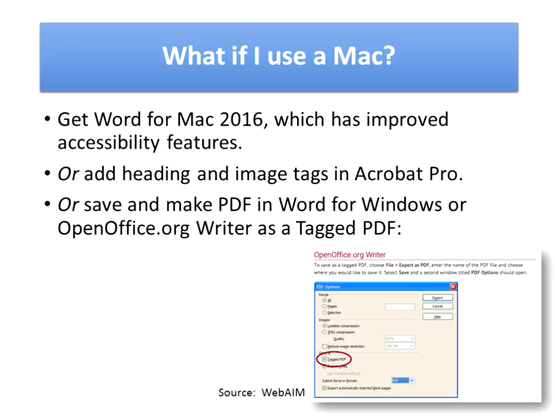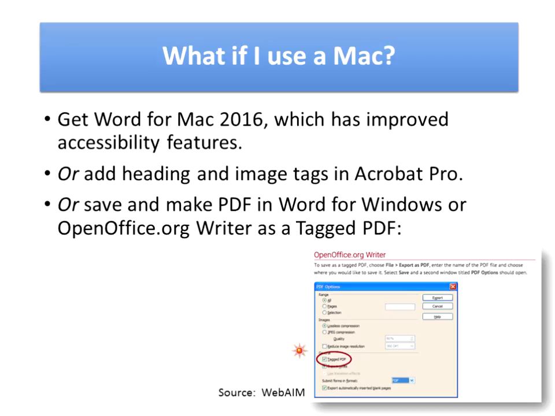So if you're using a pre-2016 Mac, number one, you could just upgrade it to the 2016 and take care of the problem, or you could go into Adobe Pro and manually add them, or you could make the PDF in Word for Windows. So open it in Word for Windows and perhaps on another computer, or in OpenOffice, you can do it as well.